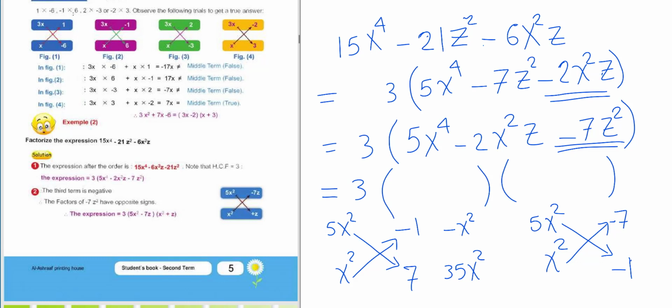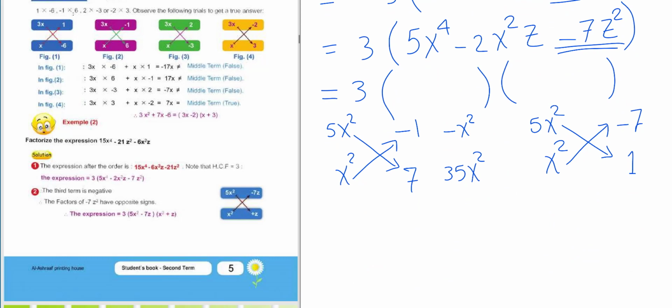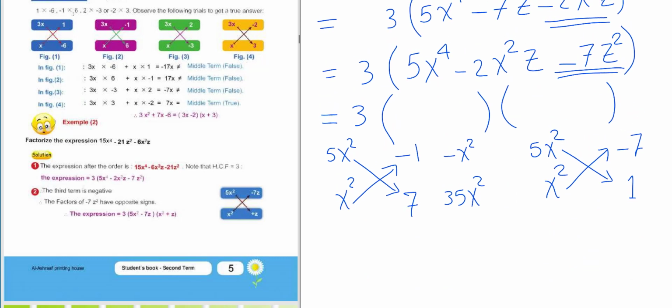So 7 is negative and 1 is positive. Negative 7 and 1 with positive sign. 5 times 1 equals 5. x times negative 7 equals negative 7. Their sum equals negative 2.